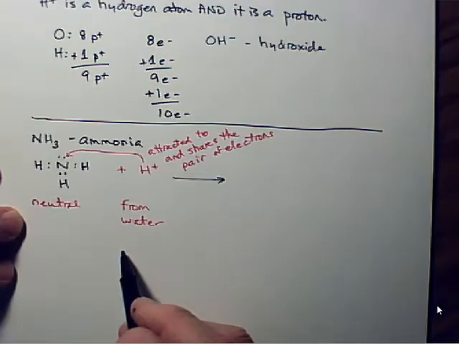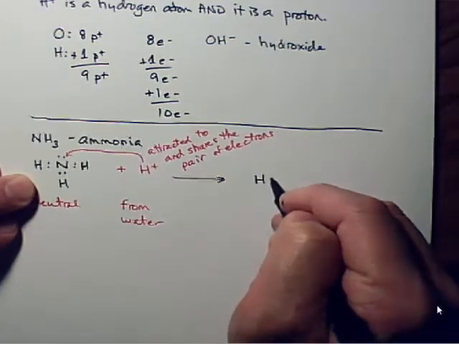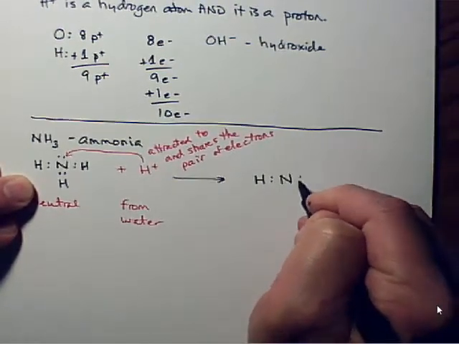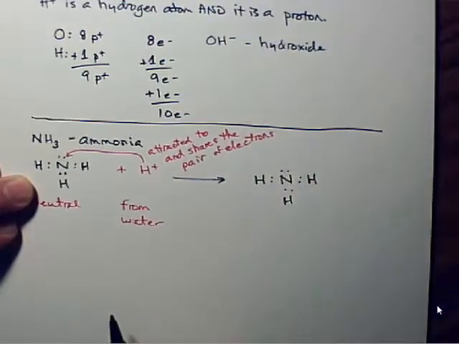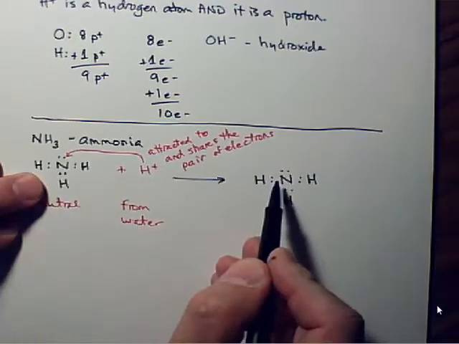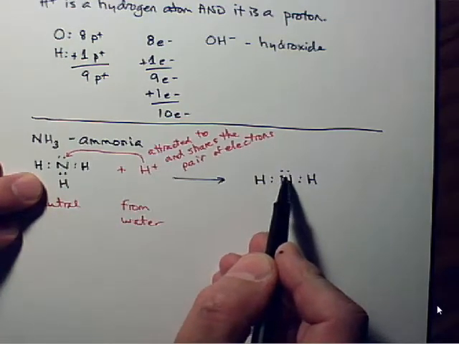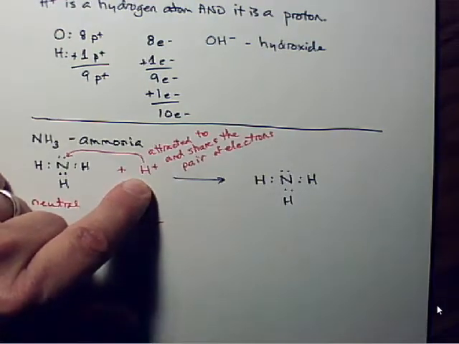Let's look at what it looks like now, using Lewis dots. So we had the ammonia molecule. There's the lone pair. And that pair of electrons on the top, the nitrogen is going to share with this hydrogen ion.